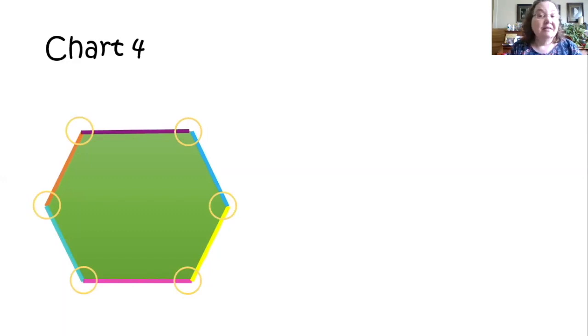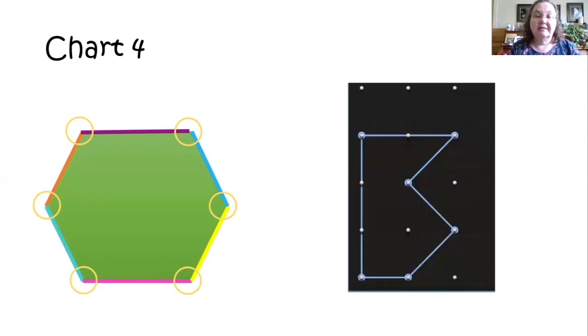I made a different shape on my geo board. Let's see it. Ooh, do you think that has 6 sides and 6 vertices? Let's count them. 1, 2, 3, 4, 5, 6. Yes, it does still have 6.